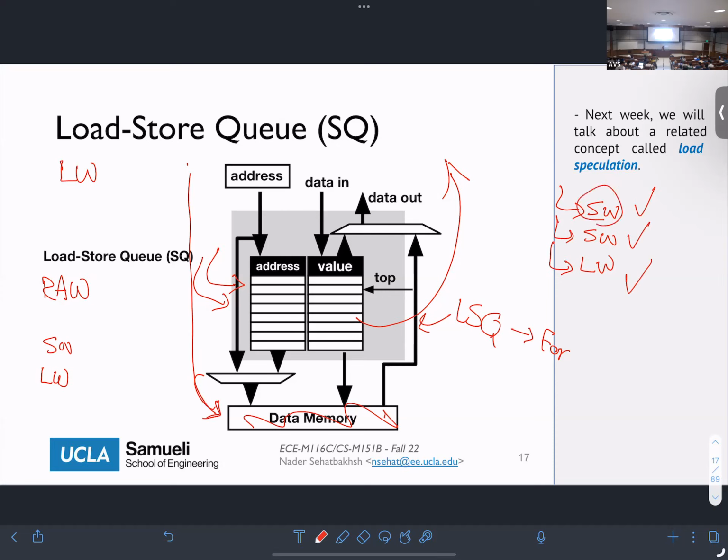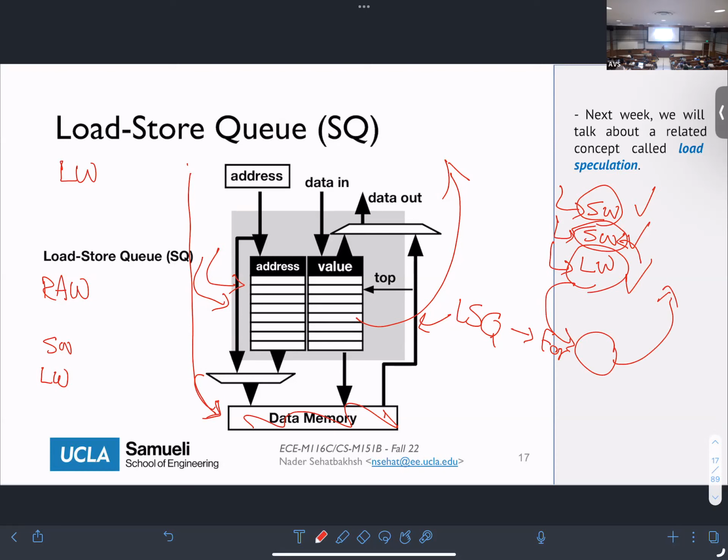So first this one retires and we update the value in my memory. Then this one retires and I'm going to re-update the same value in my memory. Then the load retires, and it can either forward the value from the store, or just go through the memory and bring the value up from the memory. And in both cases, it's always guaranteed that it's going to read it from the second store.